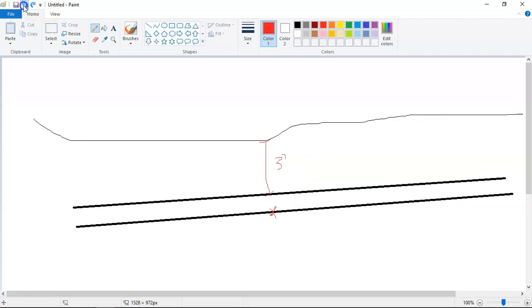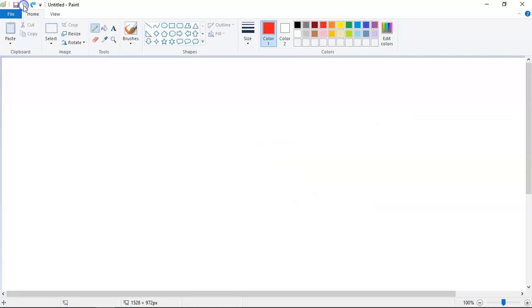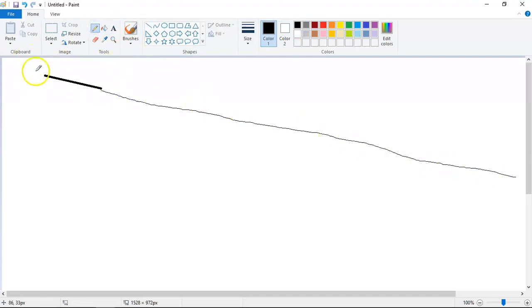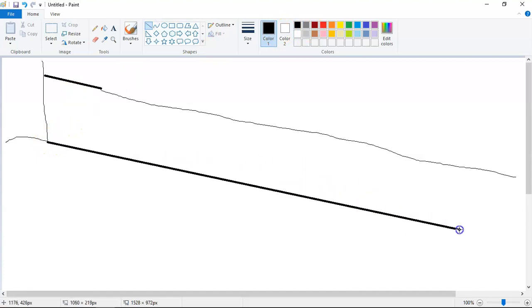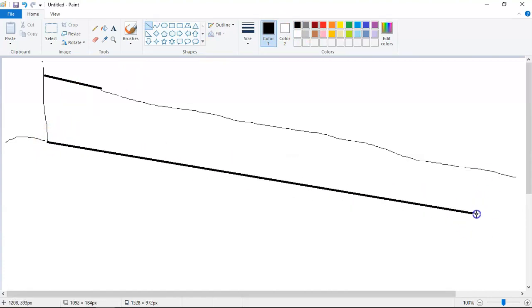Other things to note is if it's a relatively steep slope, let's do something like that, and you have your house right here, you have to make sure that you maintain the slope of the natural land.